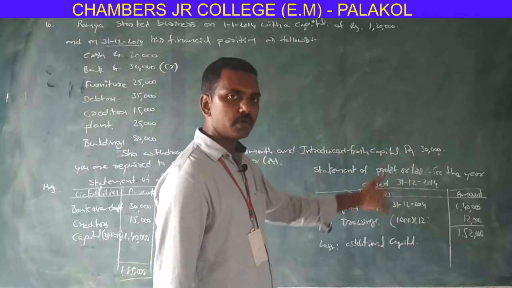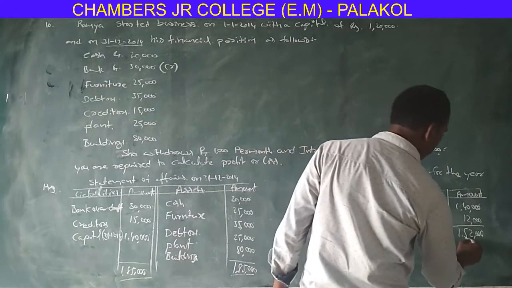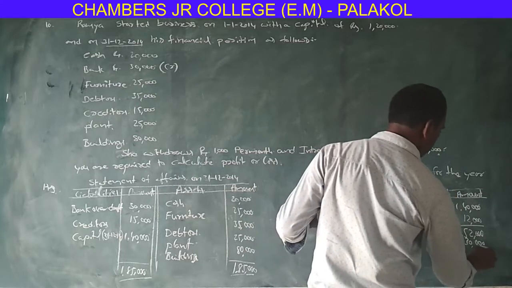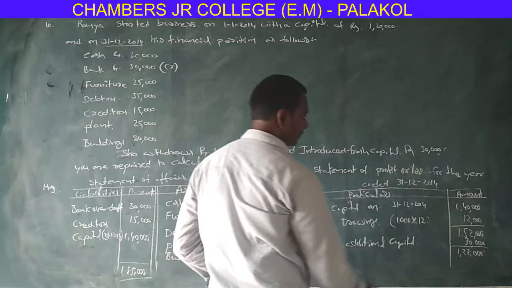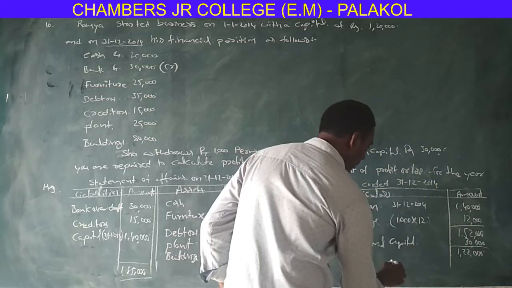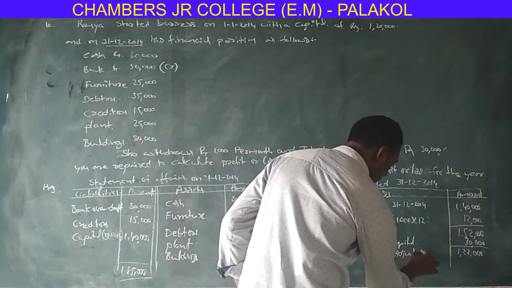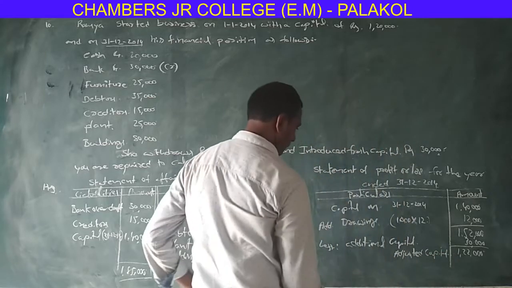Fresh capital is equal to additional capital, that is the amount of rupees 30,000. So 1,52,000 minus 30,000 is equal to 1,22,000. And this amount is called adjusted capital.